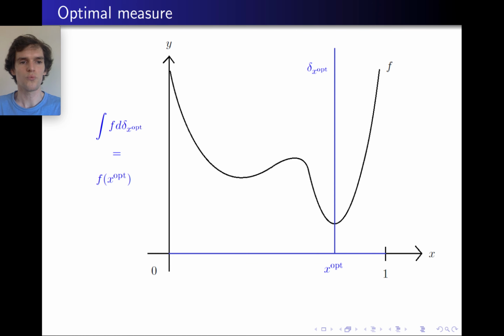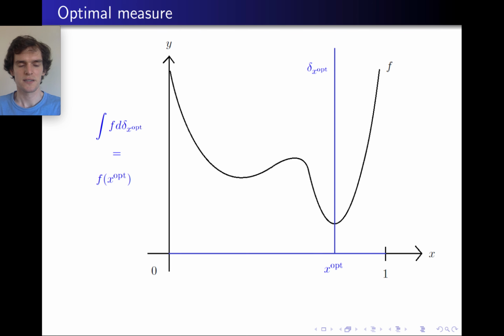If you want to minimize the weighted average, then all of your mass, all of your weights should be on the lowest values. In fact, the optimal solution to this reformulation with measures is the Dirac measure at the global solution.